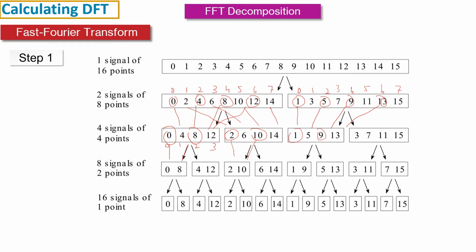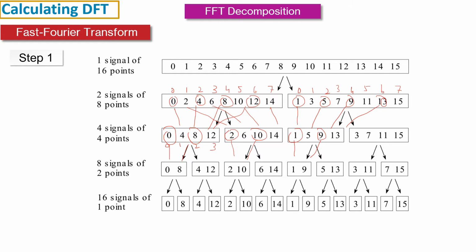In other words, you can just say that we split with alternative points. So first here, second here, third here, fourth here, like this. So it is up to you how you want to understand it, but we can say that even numbered samples and odd numbered samples are separated into two decomposed parts of the signal.